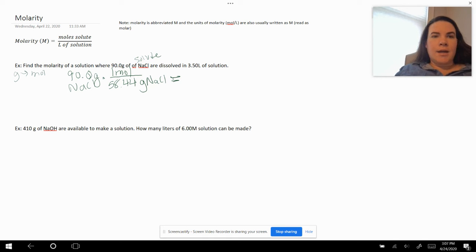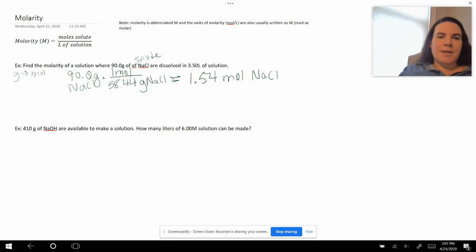Okay, and then when you plug that into your calculator, you want to keep 3 sig figs. That's going to give you 1.54 moles of NaCl. That is our moles of solute. So that's going to go on the top of the equation.